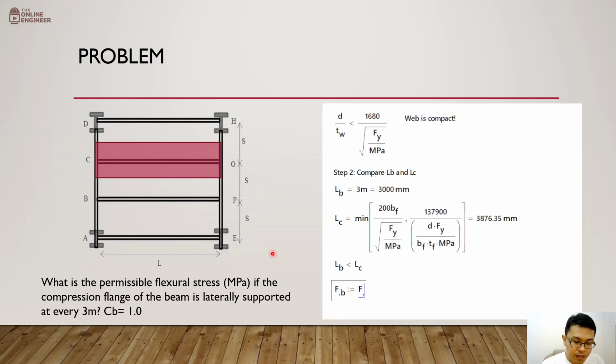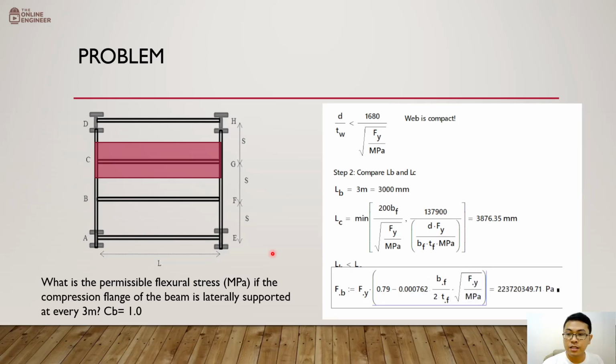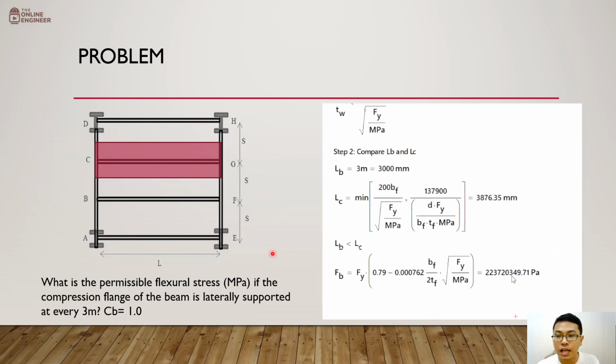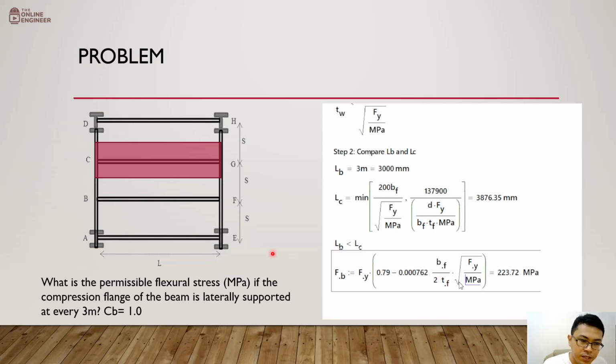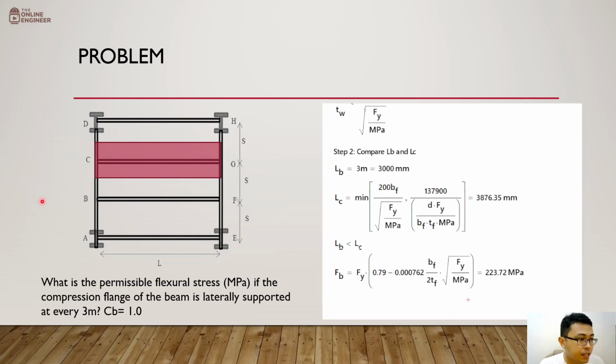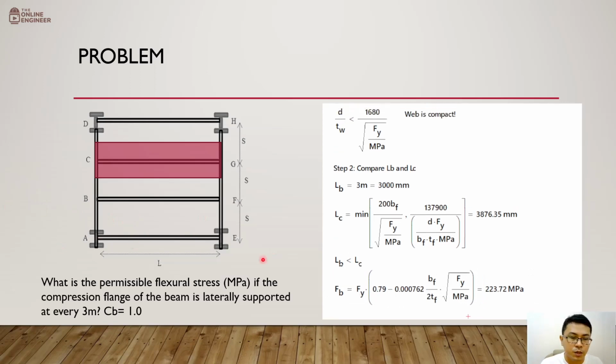It's FB equals Fy multiplied by 0.79 minus 0.000762 Bf over 2Tf multiplied by the square root of Fy. All right. So this is our allowable bending stress. Once again, the megapascal to eliminate that unit. Okay? So this is our condition.